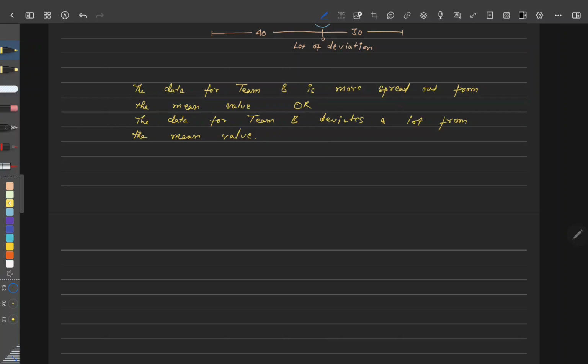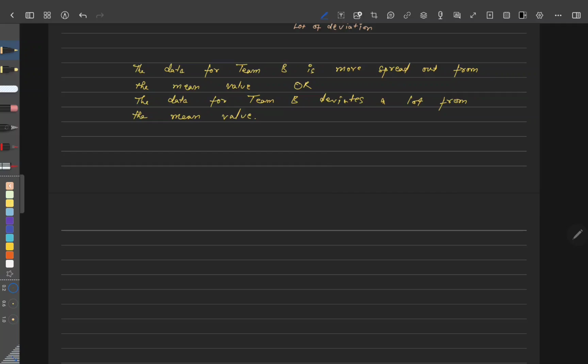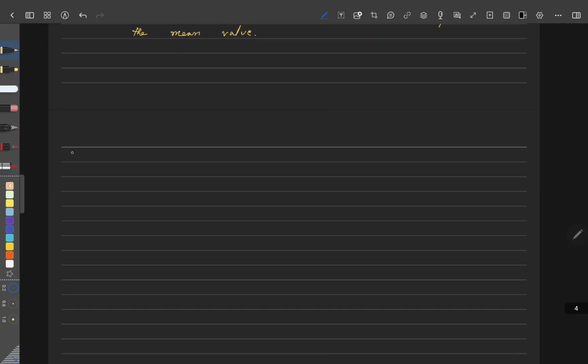So what does this mean, right? When we say that the data for team B deviates a lot from the mean value, what do we mean by this? What does it mean when we say that the data deviates a lot from the mean?